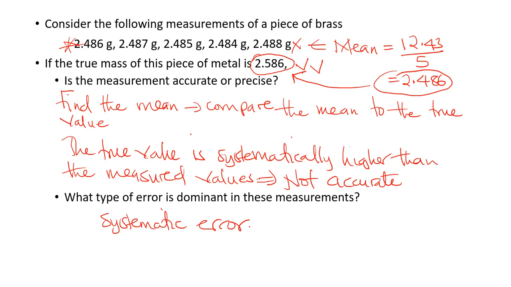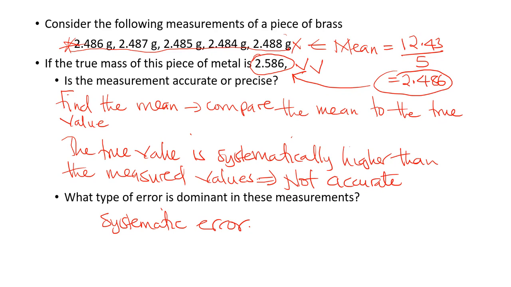The given value will be higher or lower than the mean, or the given value will be higher than any number present in your measurement. For example, here we have 2.586. 2.586 is higher than all these numbers, which means these values are systematically lower than 2.586. Therefore, we have a systematic error in this case.